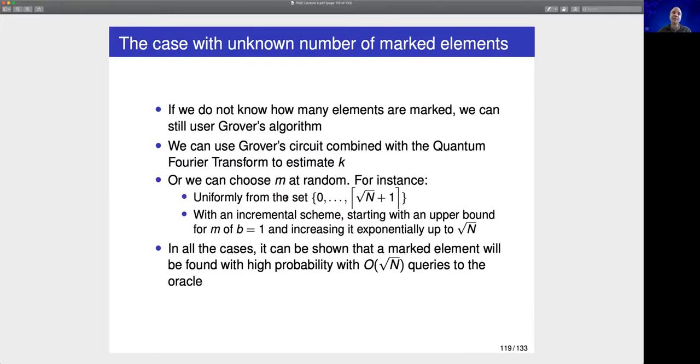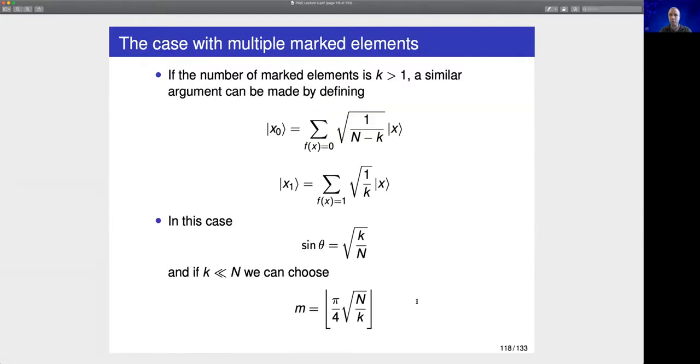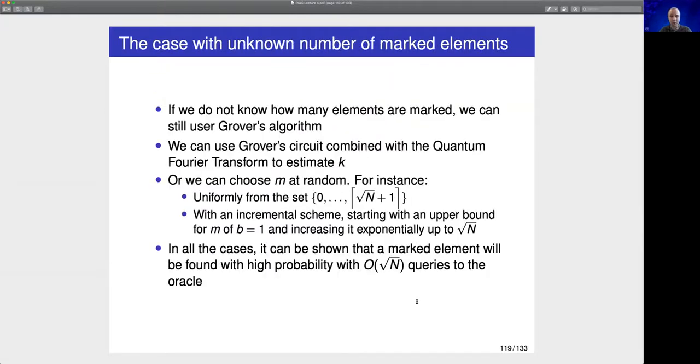The analysis here is a little bit more complicated, but again, it uses this expression of the state that we have after m iterations, and you can find all the details in the books, or if they are not there, just ask me. I can point you to some quite readable research papers in which this is explained.